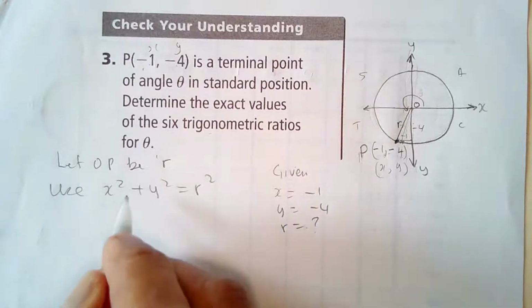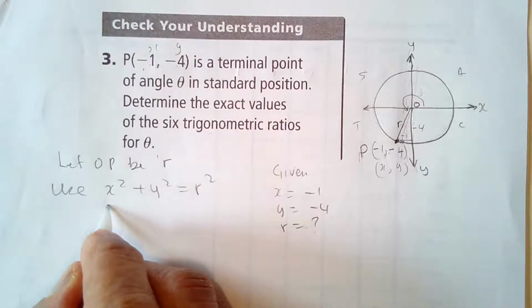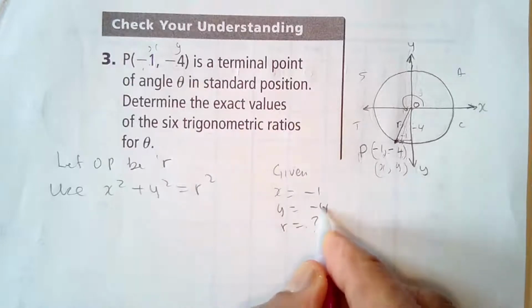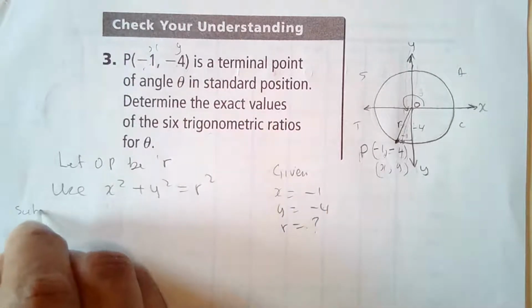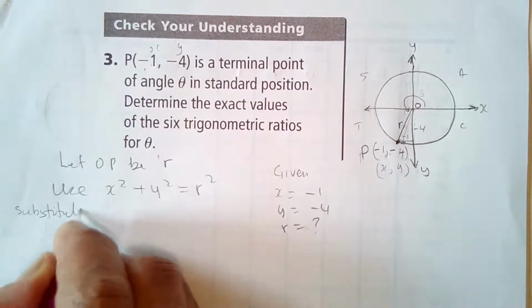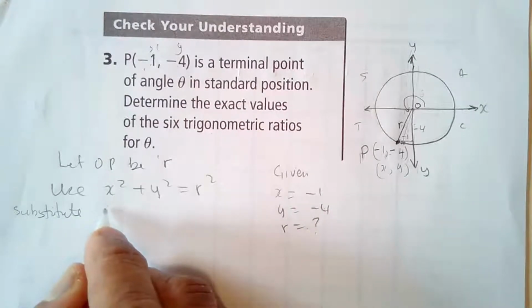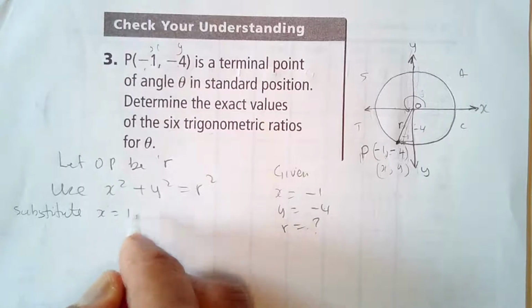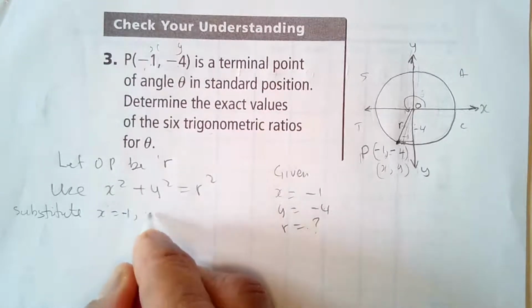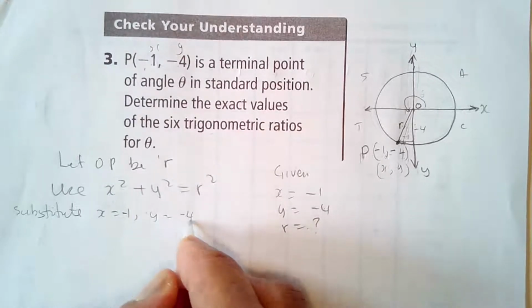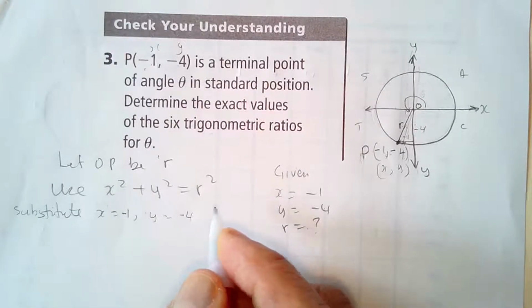So we have x here, so we're going to substitute the values. x equals -1 actually here, and y is equal to -4. Right?